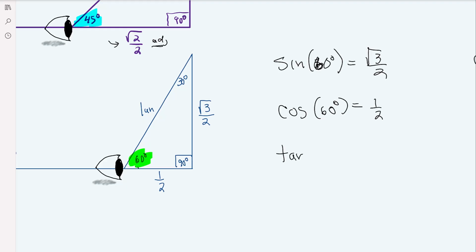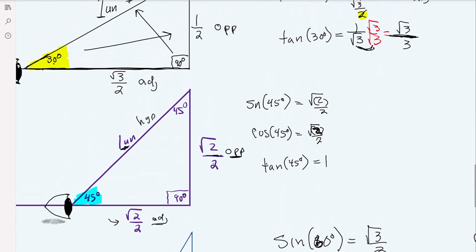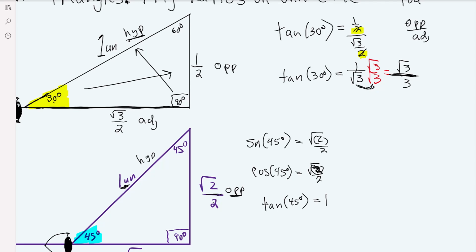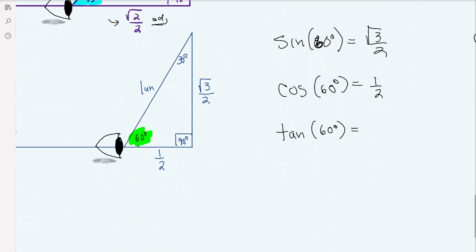And then tangent of 60. On the 30, 60, we had 1/2 over root 3 over 2. Now it's going to be the reverse of that. It's going to be opposite, root 3 over 2, over 1/2.